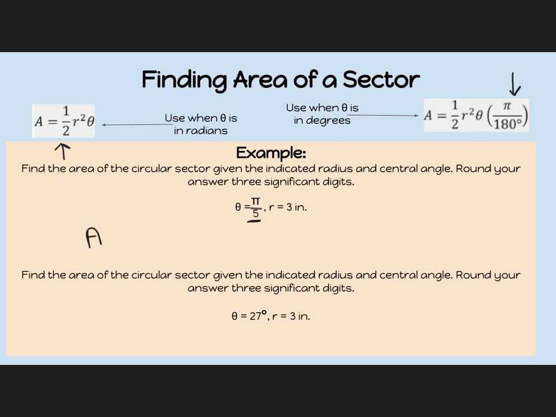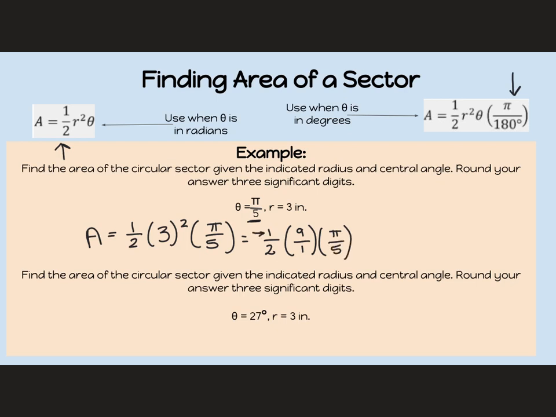So I just plug in area equals 1/2, R is 3 squared, times pi over 5. I like to just write everything as a fraction and just multiply across. So 3 squared is 9. I can write that as 9 over 1. And then I can just multiply straight across the numerator.